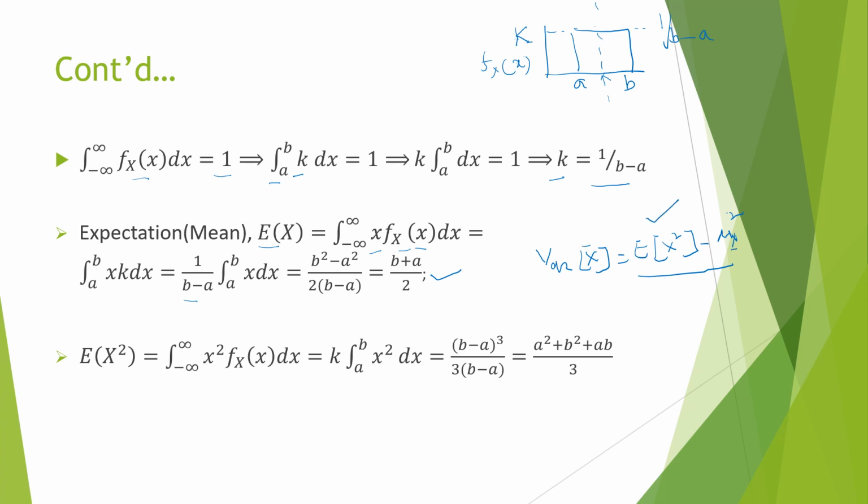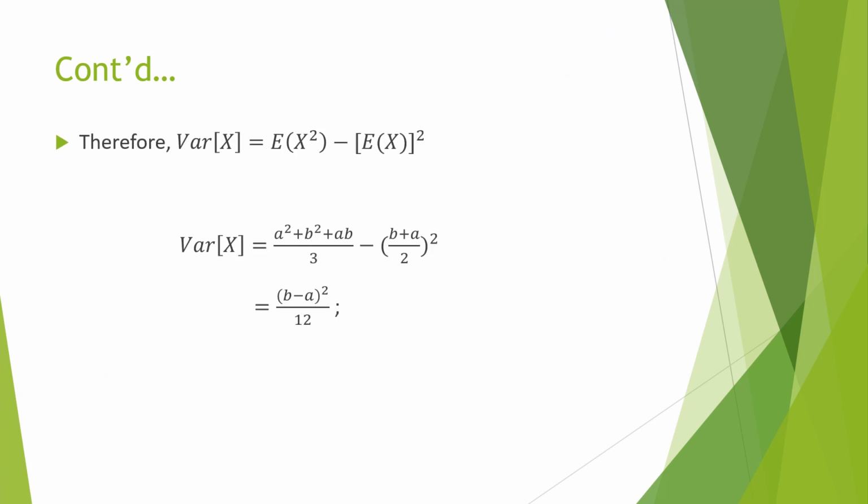The mean value we already know, that is (b plus a) by 2. And if we calculate E[x square], then we can find variance x. Therefore, first we try E[x square], that is the mean square value. As per the definition, it is the integral of x square times PDF dx. And substituting the values, we get E[x square] as (a square plus b square plus ab) by 3. This is the mean square value, or E[x square].